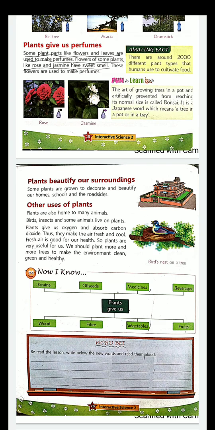Can you see a small word B? You will write 20 difficult words from the chapter in this word B. You can write a column, word B, and then write 20 difficult words.